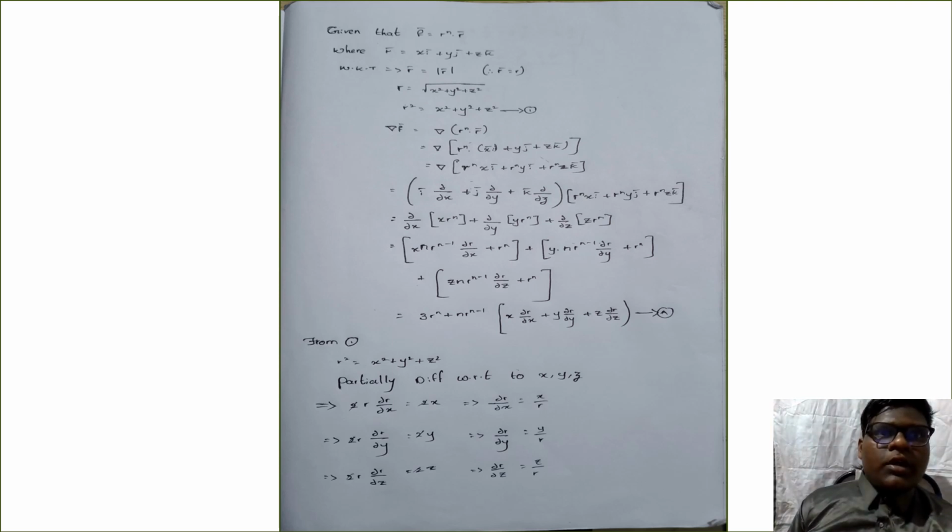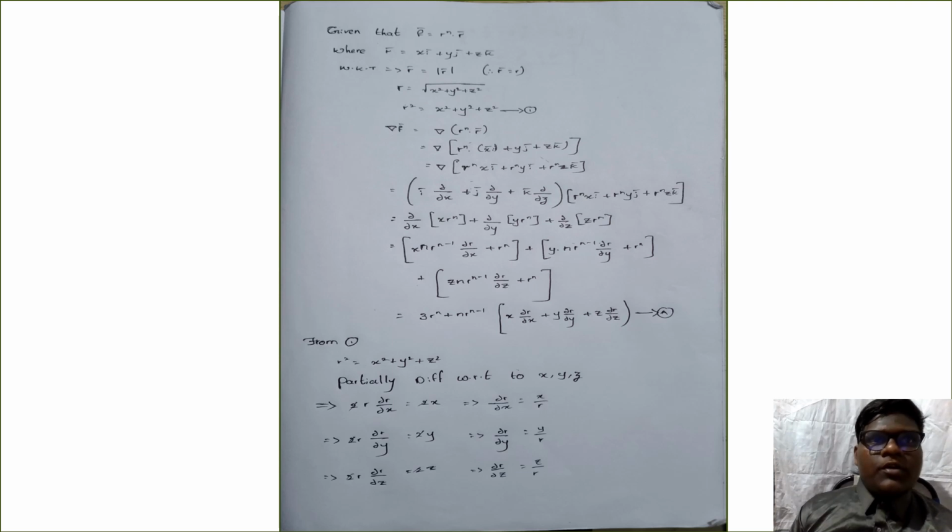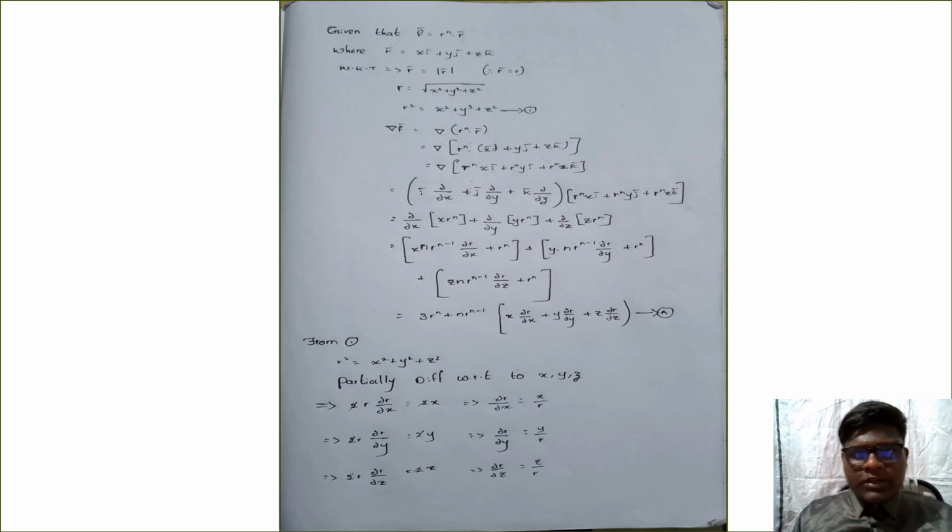Then we get x into n into r power n minus 1 dou r by dou x plus r power n, plus y into n into r power n minus 1 into dou r by dou y plus r power n, plus z into n into r power n minus 1 into dou r by dou z plus r power n.